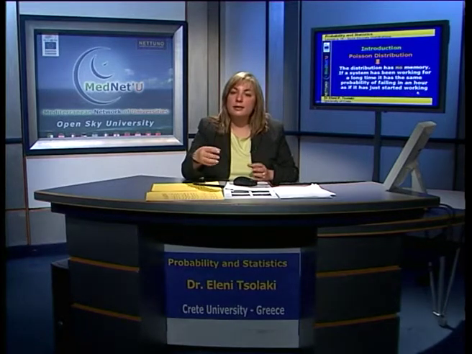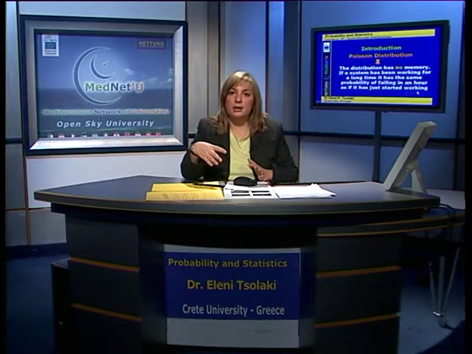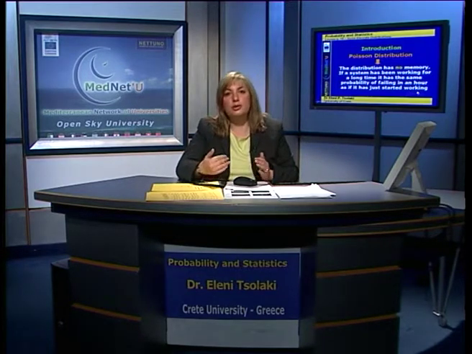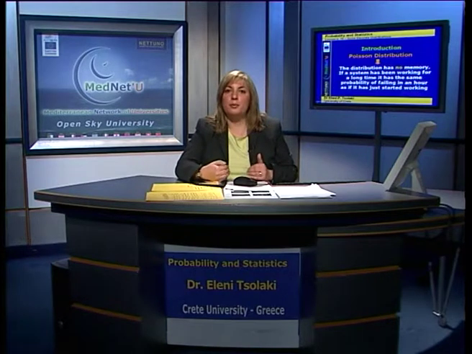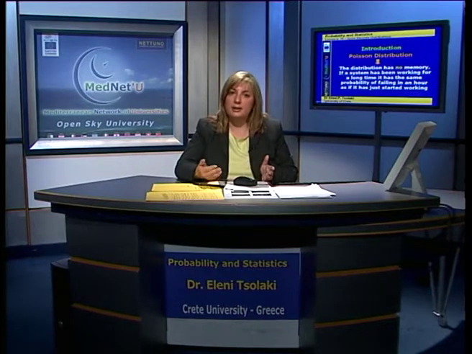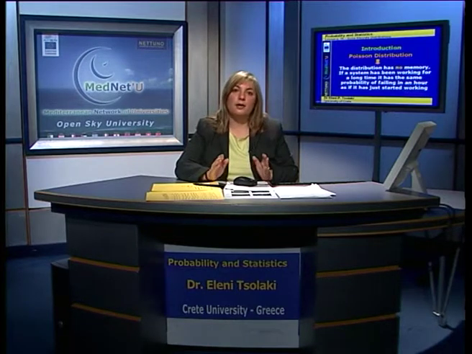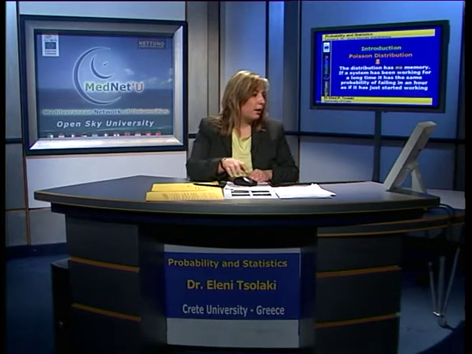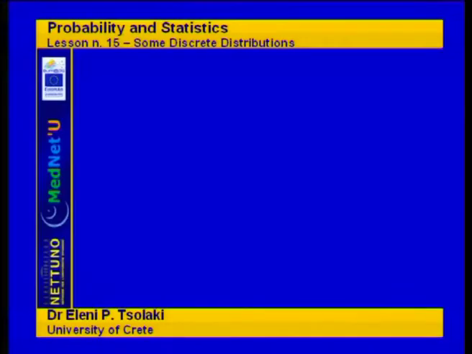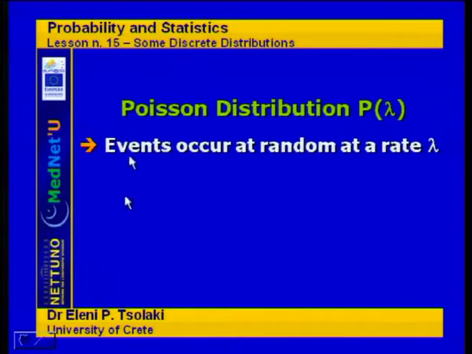So we can only use a Poisson distribution if we do not assume that a machine has more probability of failing if it has been working for a long time than when it has just started. If we use the Poisson distribution, we have to have this assumption. Now, the Poisson distribution is denoted by the capital letter P, like for the binomial distribution we used B. Here we are going to use the letter P.